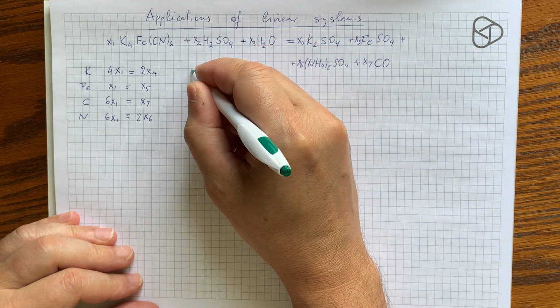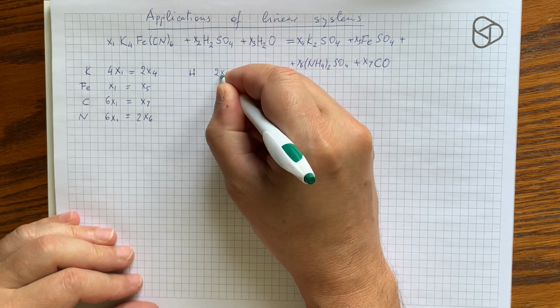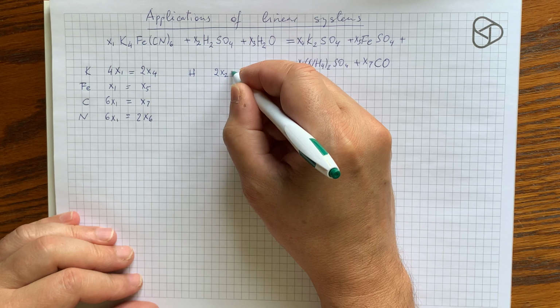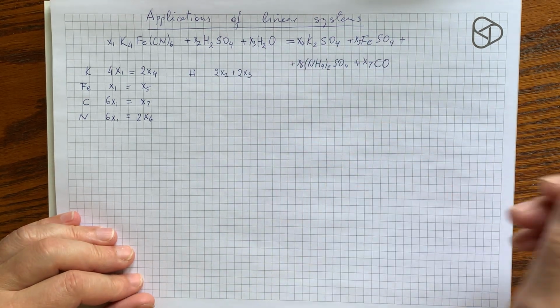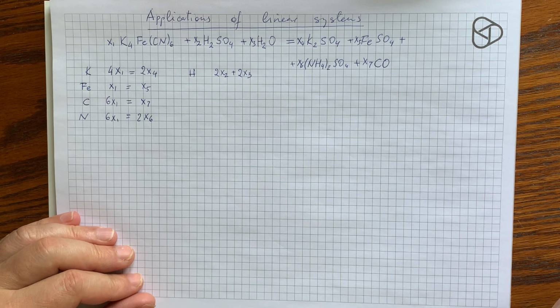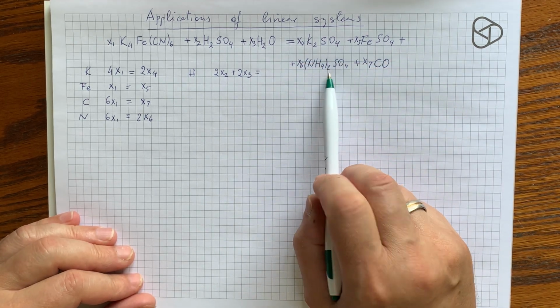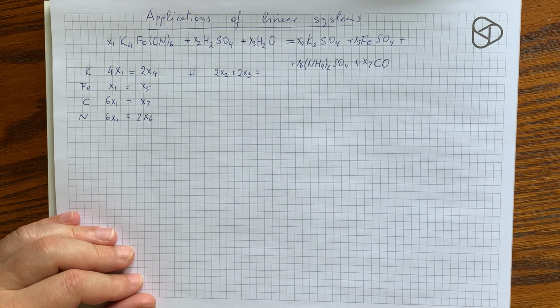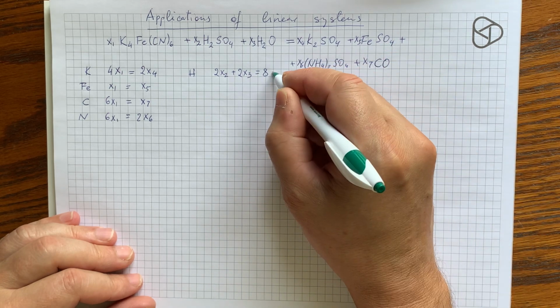For other elements. For hydrogen, we have 2X2 and then 2X3, because both of these compounds contain hydrogen, matching with the hydrogen on the right, which is only in the ammonium sulfate, and that is 8X6.